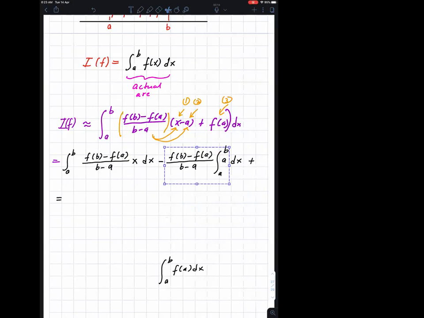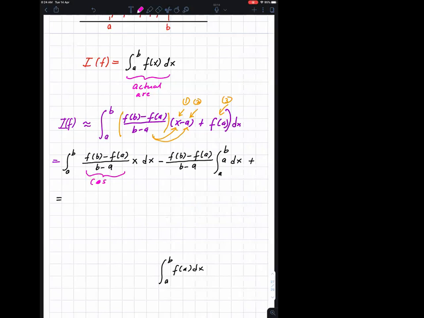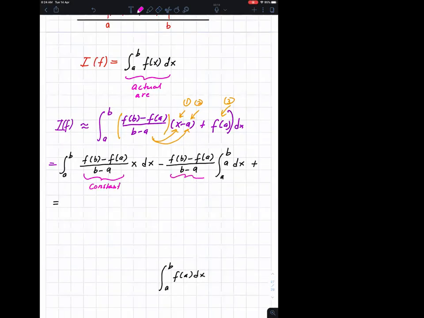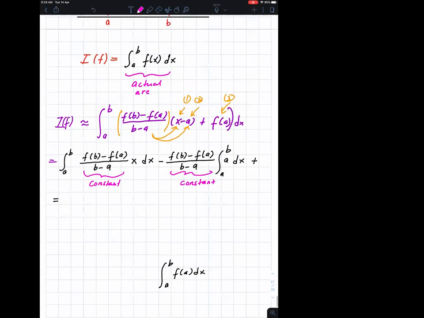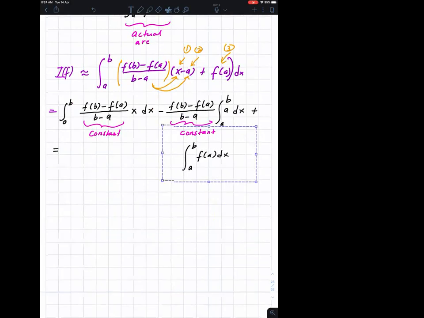You can just leave it outside here: f(b) minus f(a). This is a constant, this is also a constant, a is also a constant. You can actually leave all of them outside. Then you have the last one here.